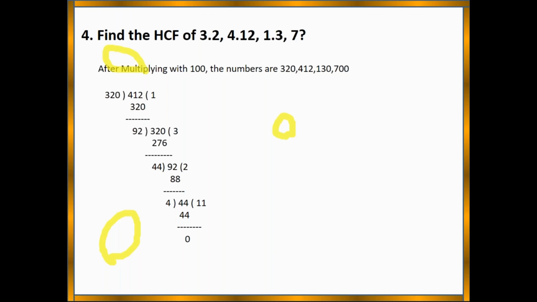So here 4 is the last divisor. 4 is the GCD for 320, 412.